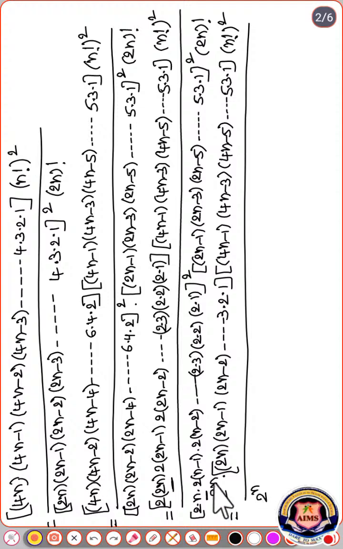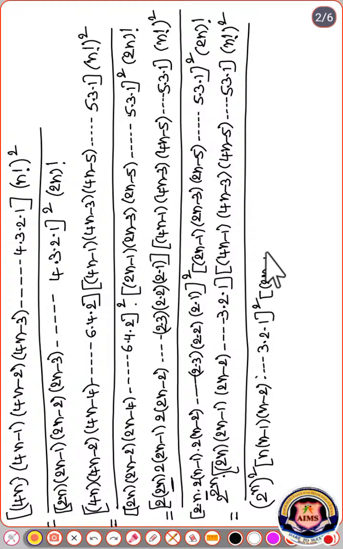If you want to take the power at a time, 2 power n whole square. Okay, my dears. After writing that part, remaining values you will write: n, n minus 1, n minus 2, and so on, 3, 2, 1 whole square.